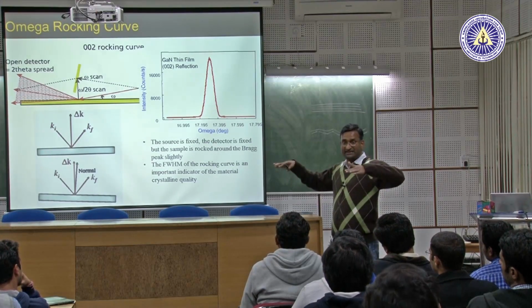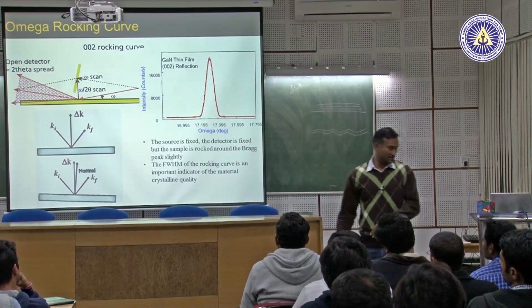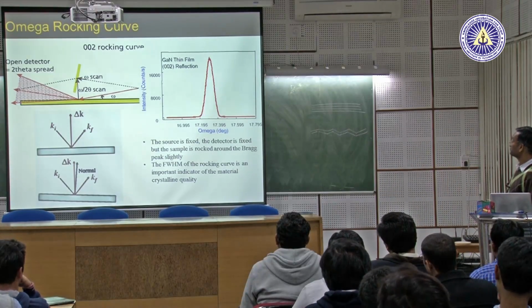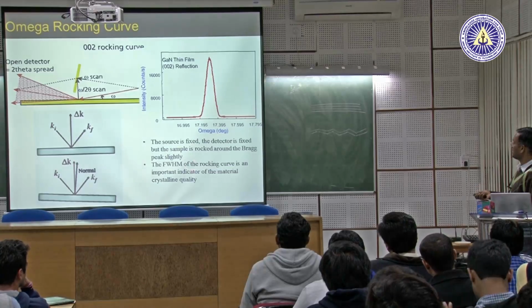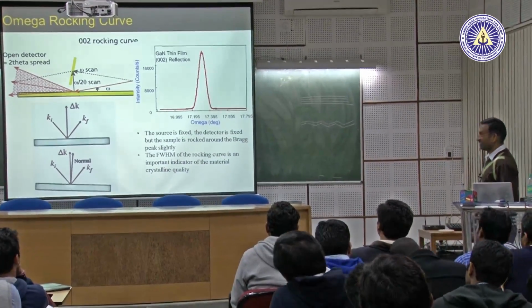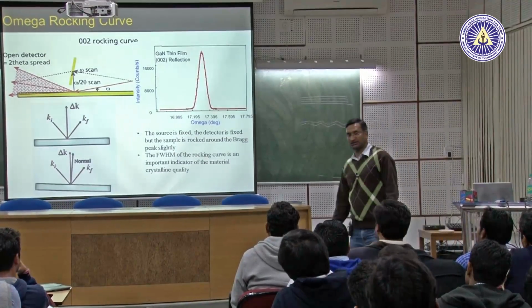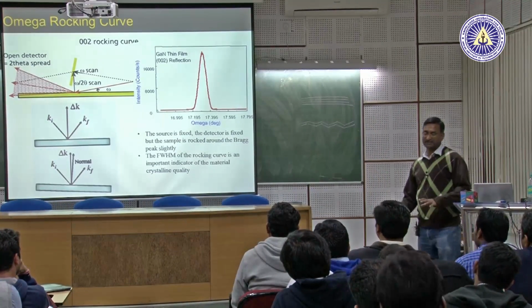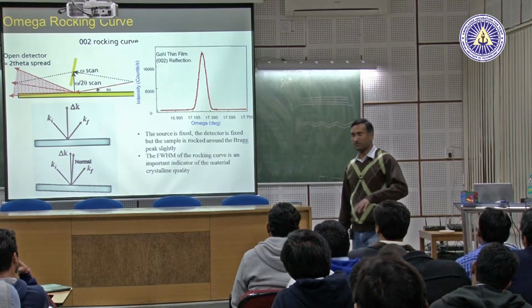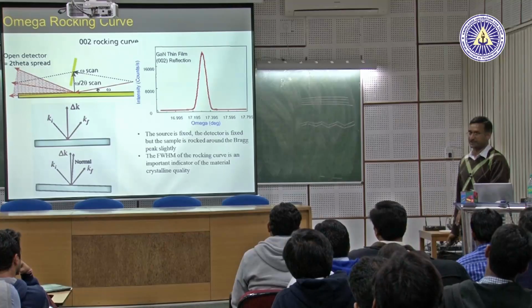The broader the line is, the more non-uniformity there is in the sample. So when you measure the full width at half maximum of a rocking curve, this is an indication of the crystalline quality of the sample. This is generally the first test you can do on single crystals, performing the rocking curve before you generate the complete reciprocal space map.